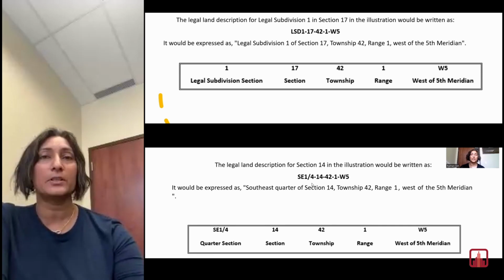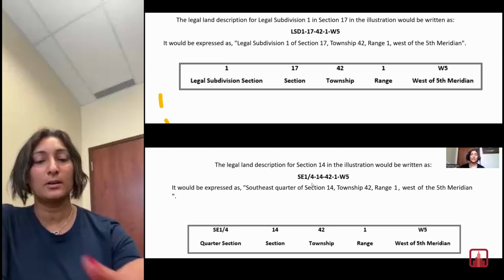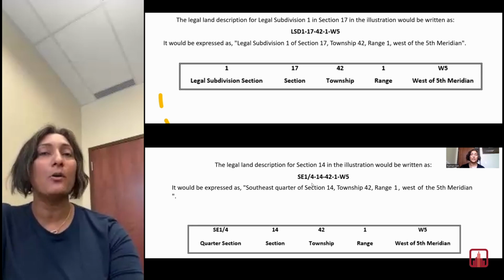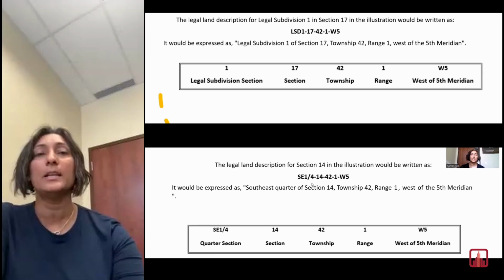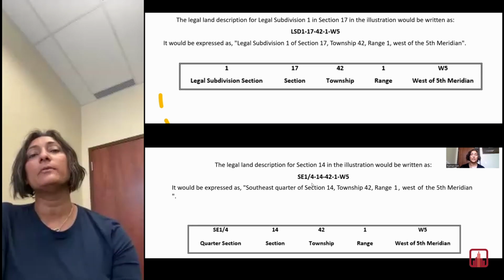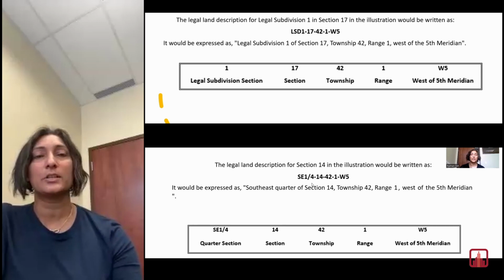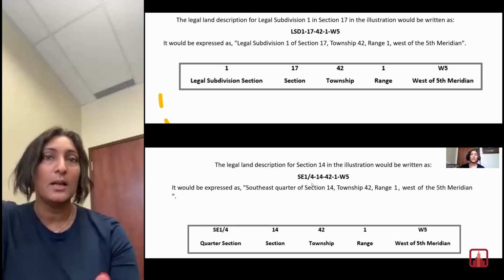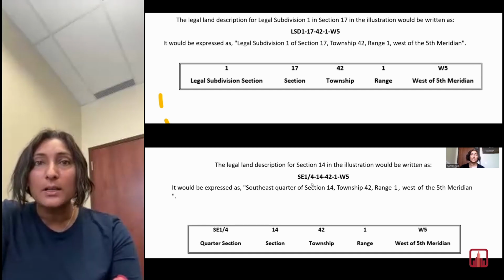So for the alphanumeric description, the very first one will always be the quarter section or legal subdivision. You can find out the quarter section by the 1/4. Right beside the quarter section is the section, and that will be the second one in.